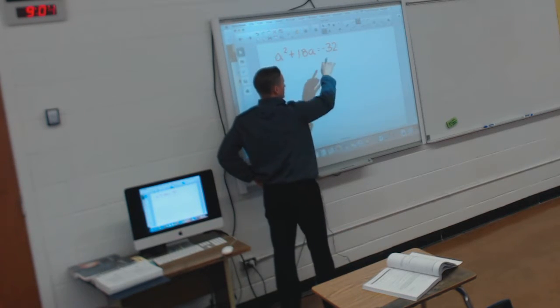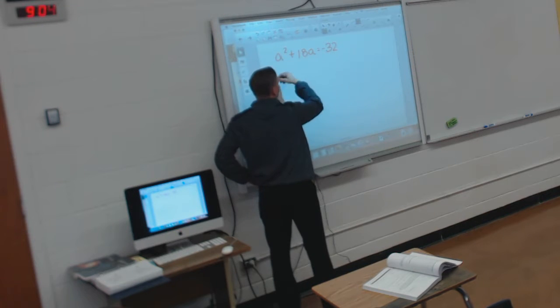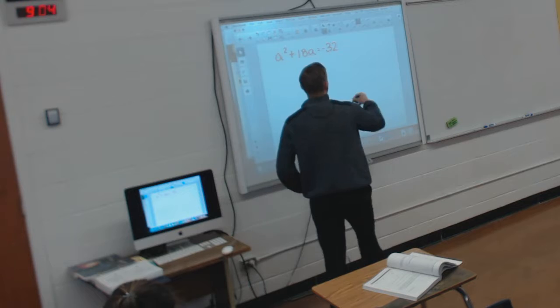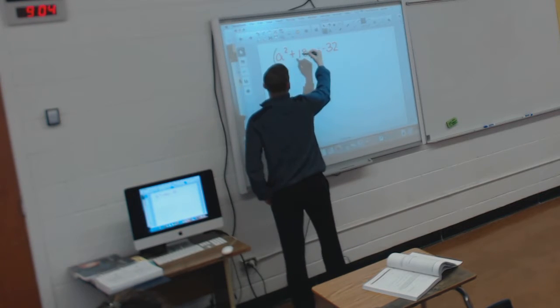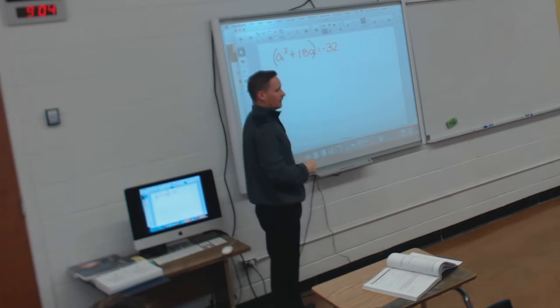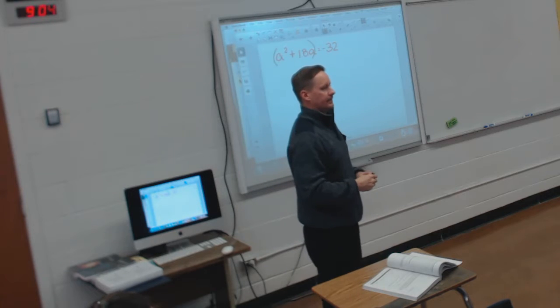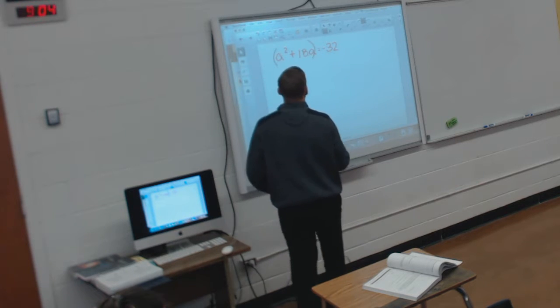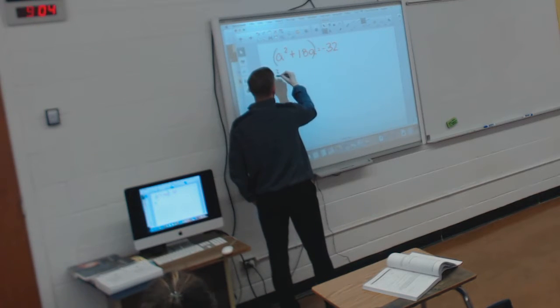So the negative 32 is just gonna stay as is for a second. So the first step in completing the square is place the brackets. Then I factor out an A. Is there an A value there? What's the A value? 1. So I don't have to do that. So now I place my blanks.